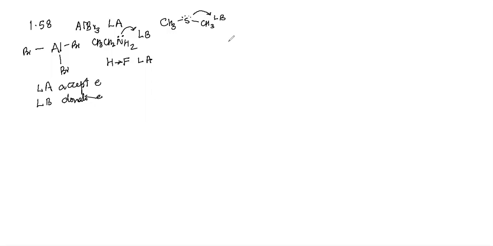Okay, now 1.59. Ammonium ion, NH4 plus, has a pKa value of 9.25. Now, do you know what is pKa value?